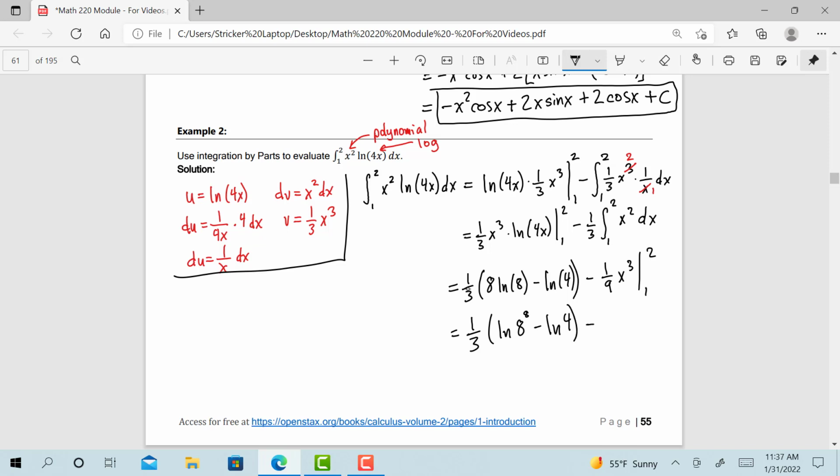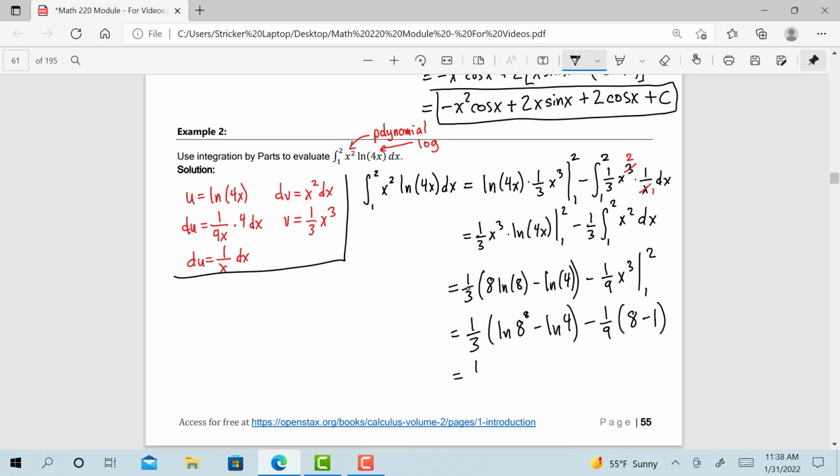And then evaluating the second part, we have 1/9 times 2 cubed minus 1 cubed, or 8 minus 1.